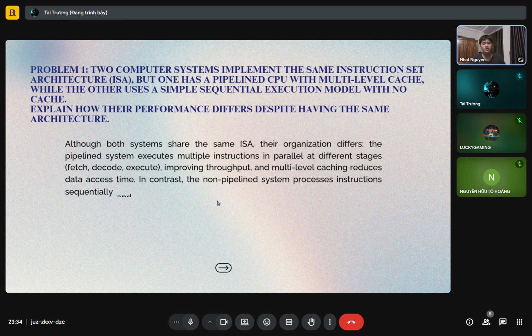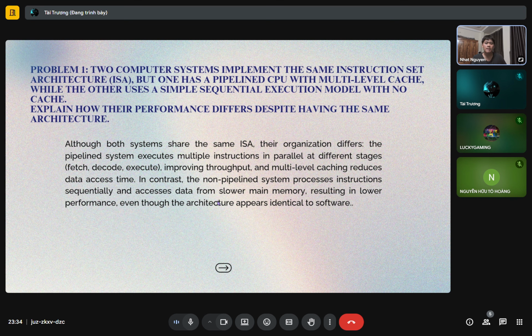Although both systems share the same ISA, their organization differs. The pipelined system executes multiple instructions in parallel at different stages, improving throughput, and multi-level caching reduces data access time.